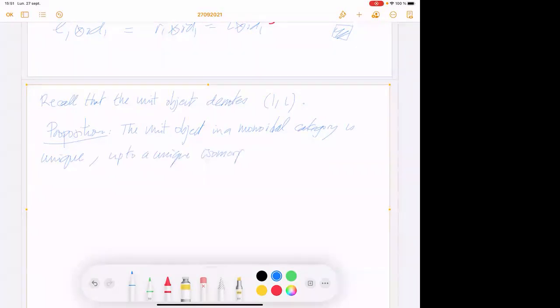It's not just unique. In fact, if you find another one, then there is only one isomorphism which can link the two.